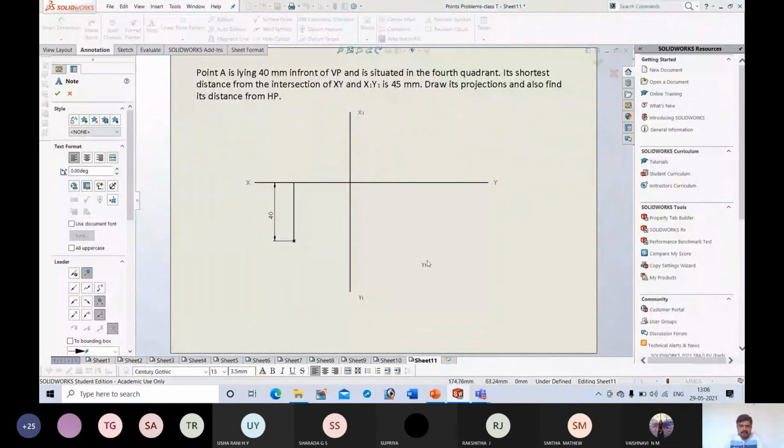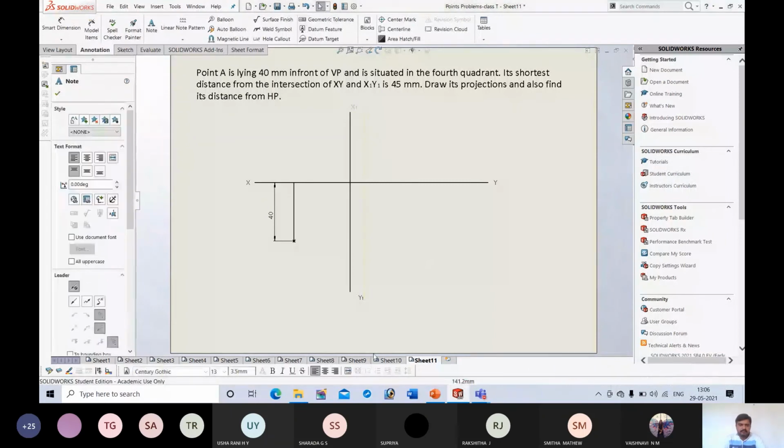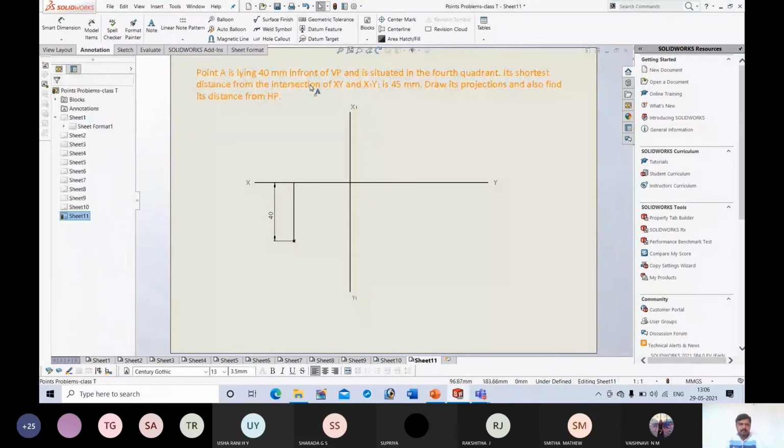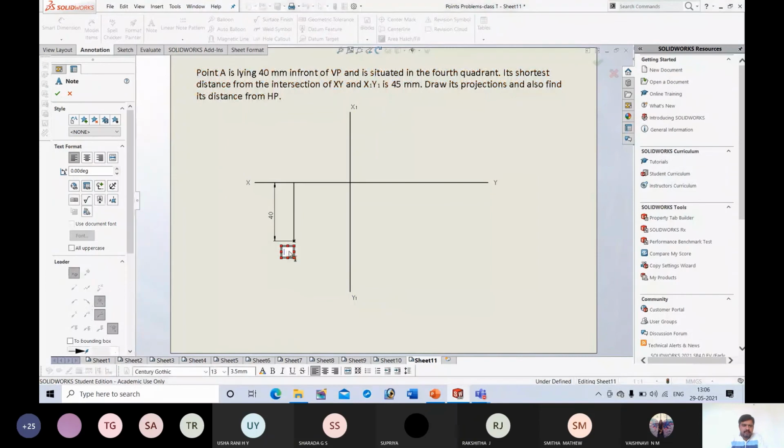Okay, next. Since this is a top view, the distance from VP, in front of VP, is the top view. I will name it. Since the point name is A, it is lowercase a.